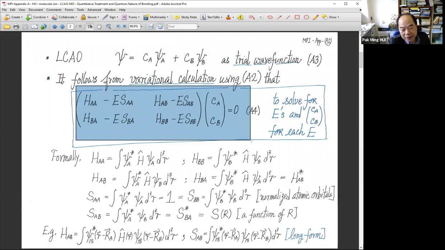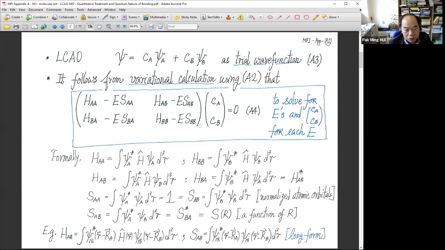So now this is the 2x2 problem to solve. At this point, I haven't made any simple approximation like, okay, let's say SAB is 0, SAA is 1, okay? At this point, no. Keep everything general. Just to remind you, for example, what is HAA?